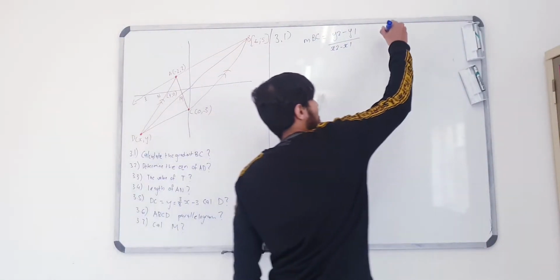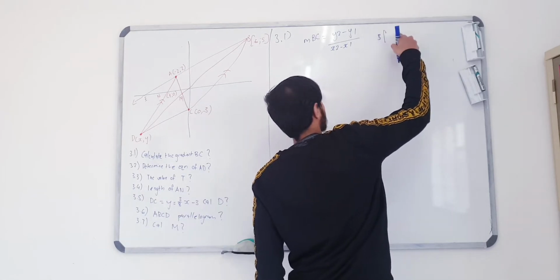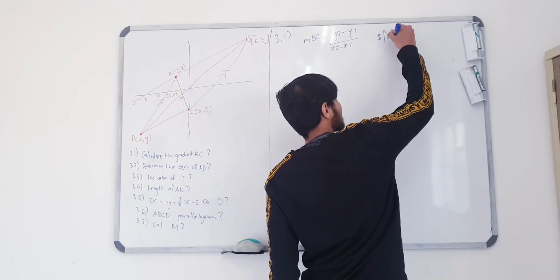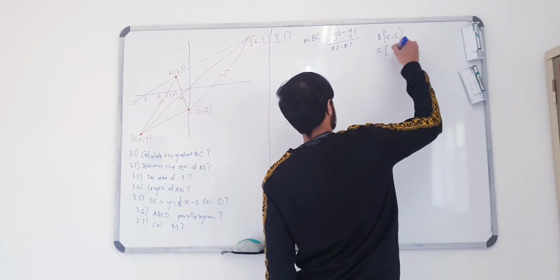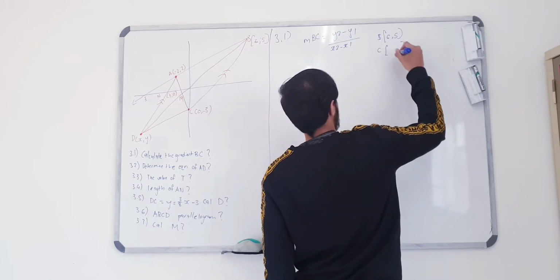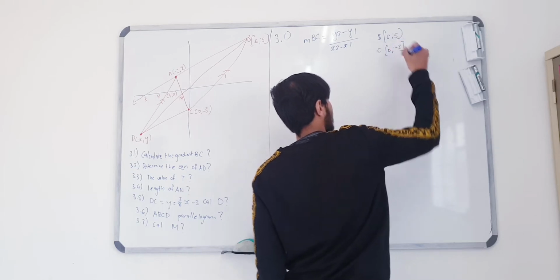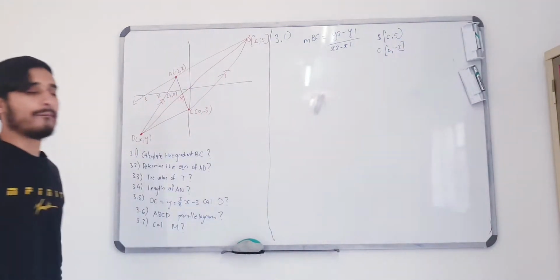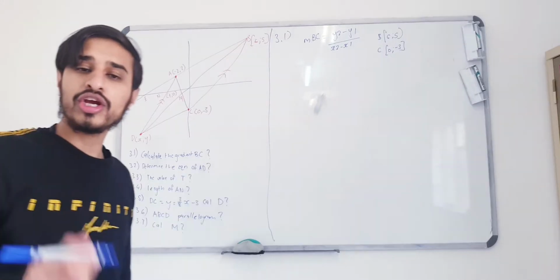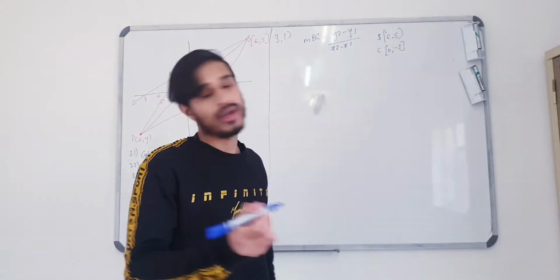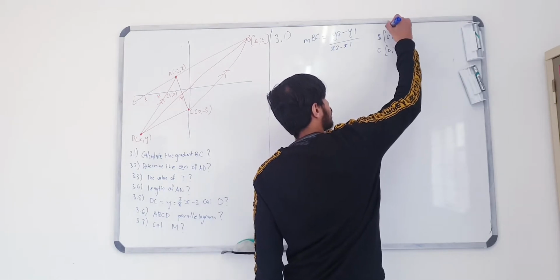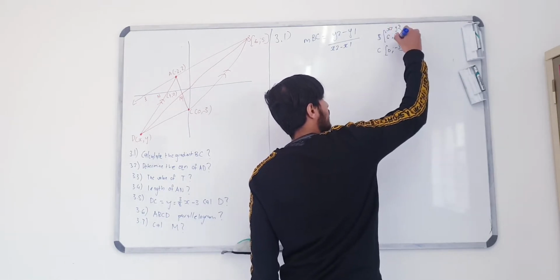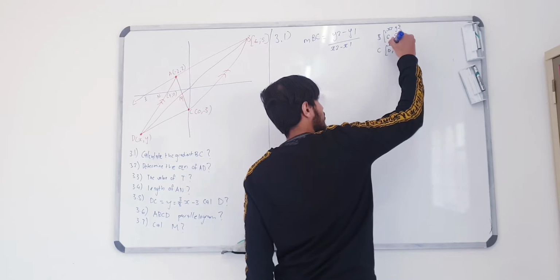It's B and C. So we're going to write out B, which is (6, 5). And then we're going to write out C, which is (0, -3). Now that we have B and C written out, we can go ahead and label it: y2, x2, and then y1 and x1.